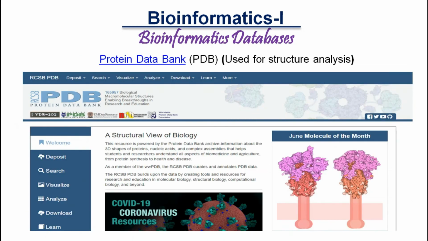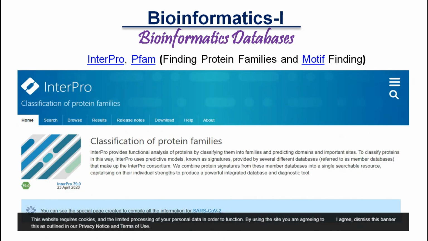Here is the Protein Data Bank, which is used for the structural analysis of proteins. Basically, it is a large database which contains the 3D shapes of proteins and nucleic acids, which is used by researchers. And here is InterPro or Pfam. You can use them to find protein families or for motif finding.